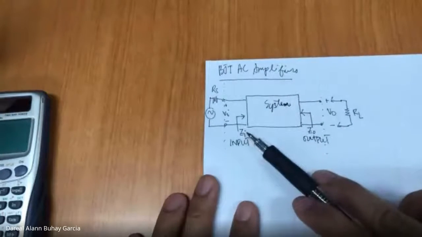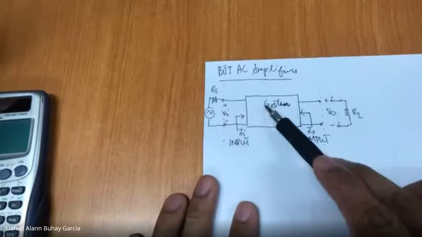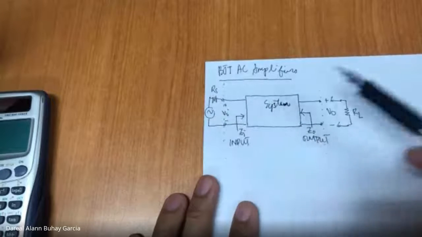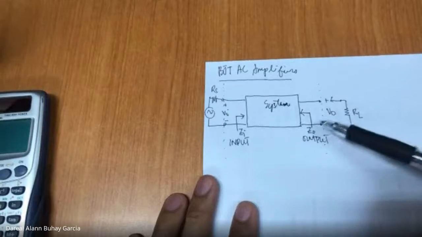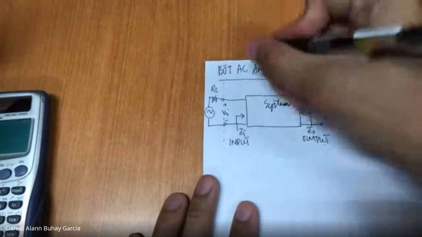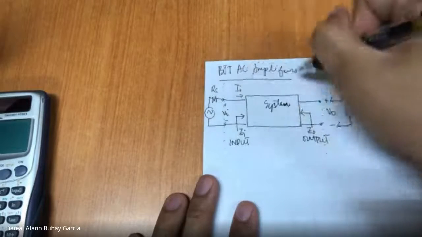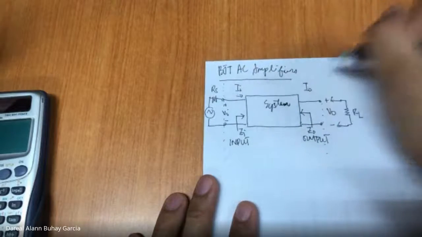So the input impedance is the impedance seen by the source, and the output impedance is the impedance seen by the load, okay, ZI, ZO. We also have input current, of course, and output current. Okay.